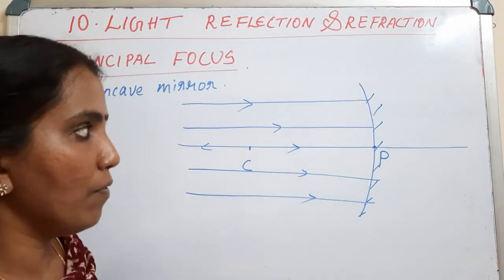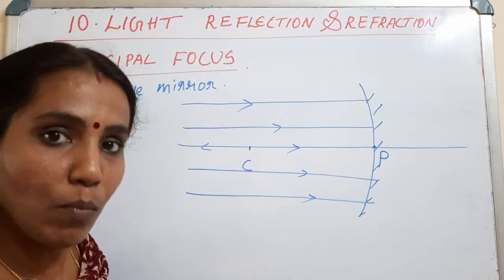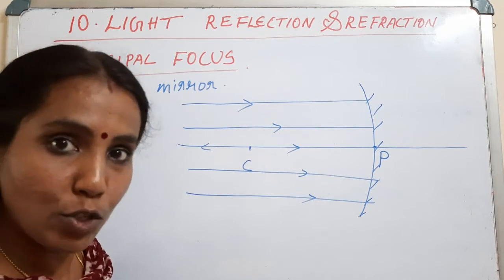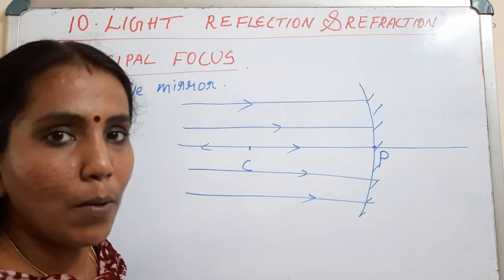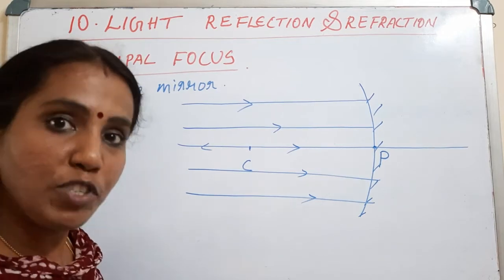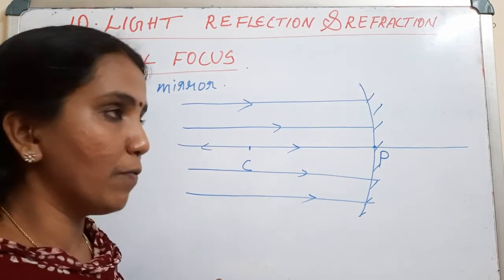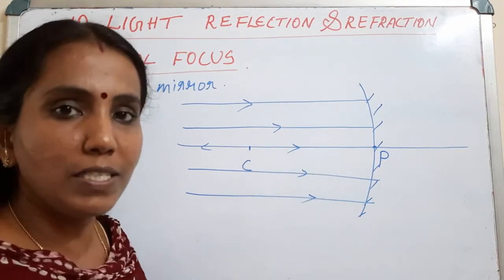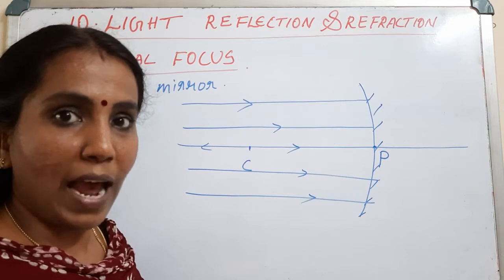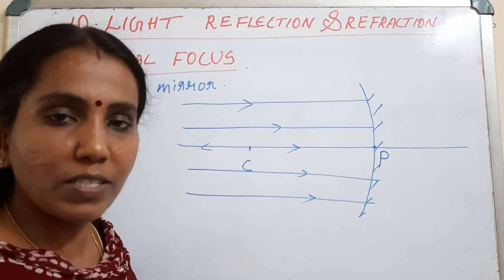So all the rays are parallel to each other. If we have a parallel beam of light parallel to the principal axis, then after reflection, all the reflected rays will be converging to a point on the principal axis. That point we call as principal focus.